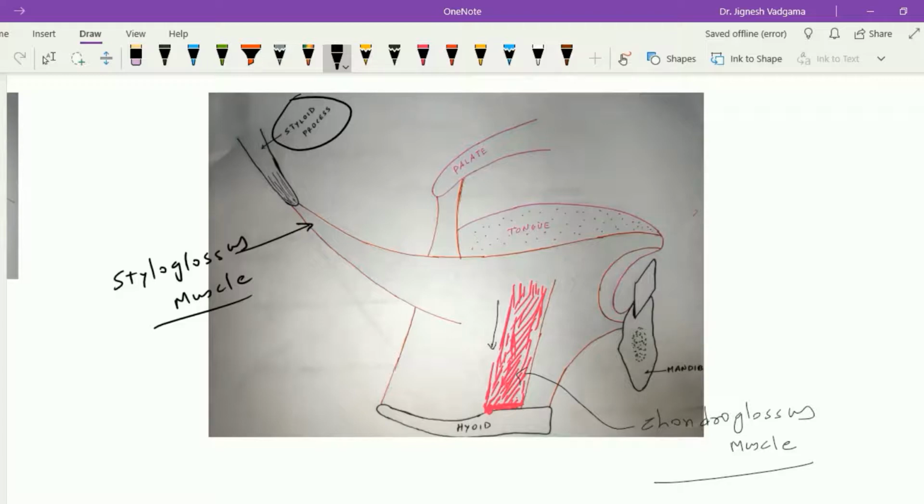It passes downward and forward and reaches the side of the tongue, and its oblique fibers interdigitate with the hyoglossus muscle. When this styloglossus muscle contracts, it leads to the backward and upward movement of the tongue, and it is antagonist to the action of the genioglossus muscle.